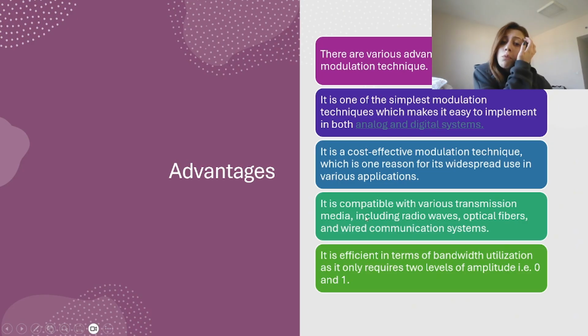It's compatible with various transmission media, including radio waves, optical fibers, and wired communication systems. It is efficient in terms of bandwidth utilization, as it only requires the amplitude levels 1 and 0.